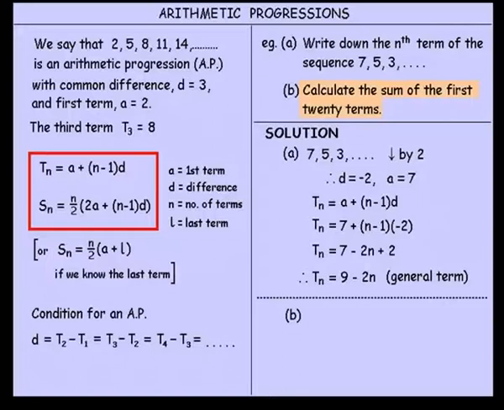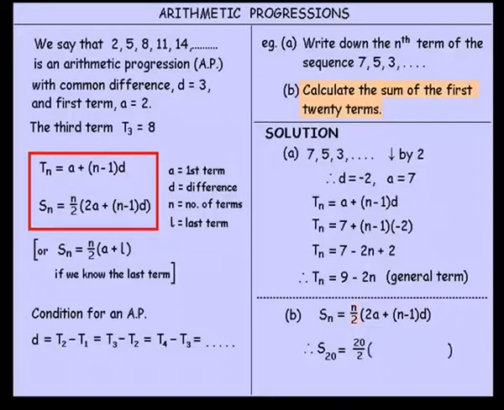Terrific. Part B. Calculate the sum of the first 20 terms. Well, we're talking about the sum, so we're looking at the sum formulae. So we write Sn equals n on 2 outside of (2a plus (n minus 1) times d). So firstly, we're talking about the sum of 20 terms, so we write S20 equals n on 2, where n is 20, so we have 20 on 2.